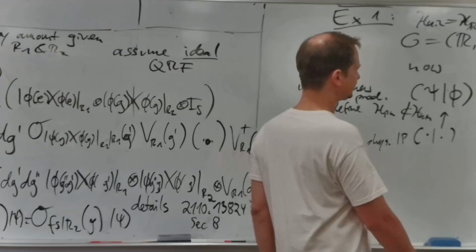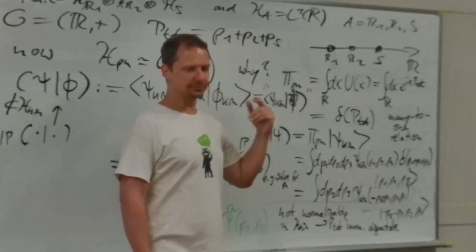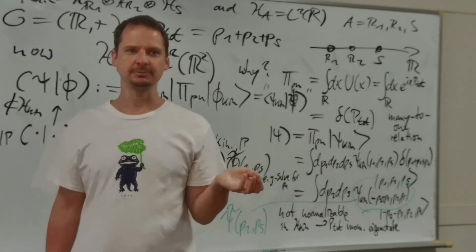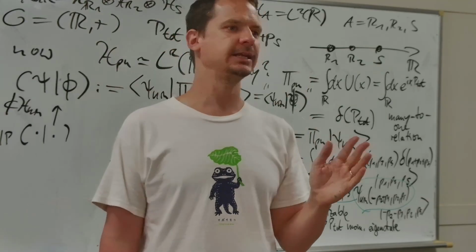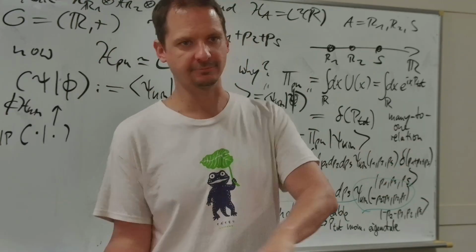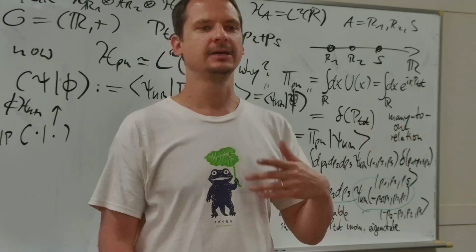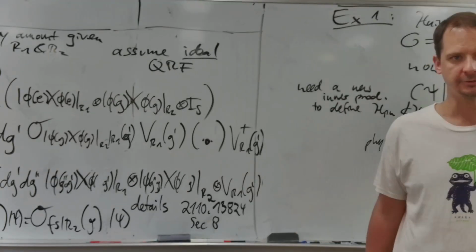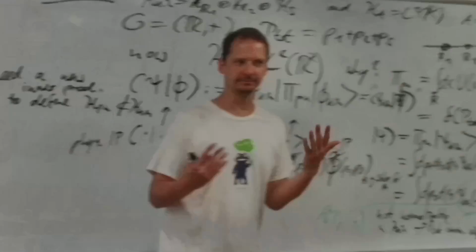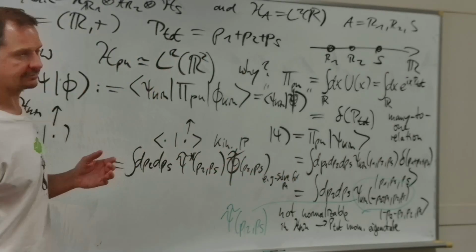And since it's a gauge generator, I could use Q1 as a gauge fixing variable. So I solve the constraint for P1 and I gauge fix Q1. So I've gotten rid of the one pair. And then I'm left over with P2, PS, and Q2 and QS as free variables. So I have a four-dimensional phase space that's left.